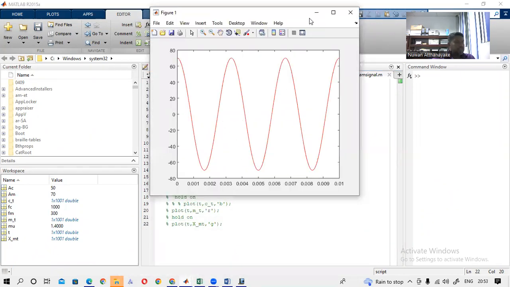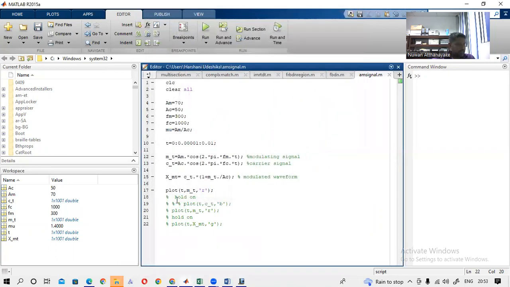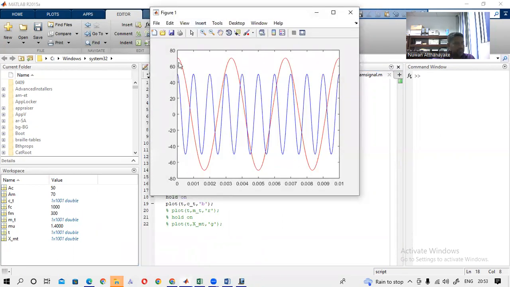This is our message signal. And if I draw the carrier signal, I will draw it in the same plot. We have to put the hold on, otherwise both are not drawn in the same graph. So you can see that this is our modulating signal, and this is our carrier signal.